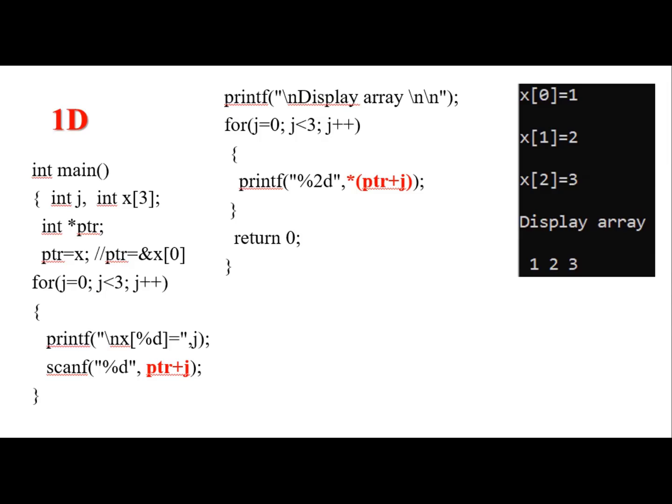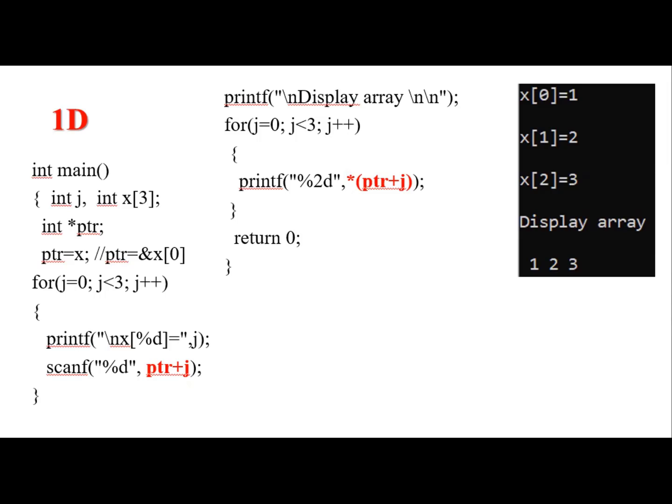Then in this example I'm displaying, again use the star to print the value. So this one will point to the address and this one will point to the value stored in that address.